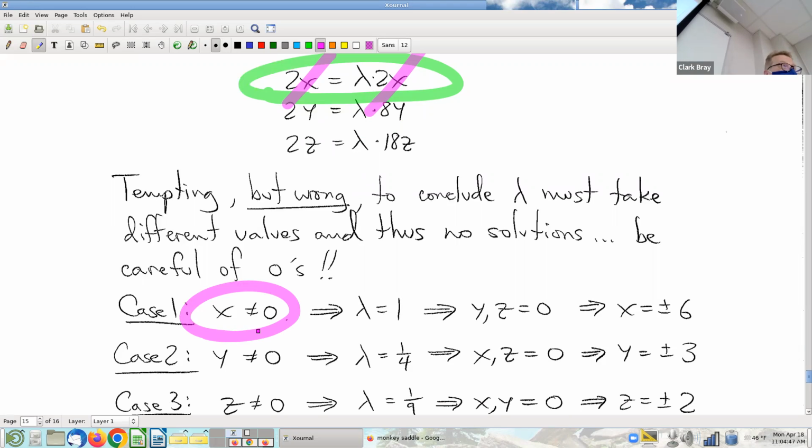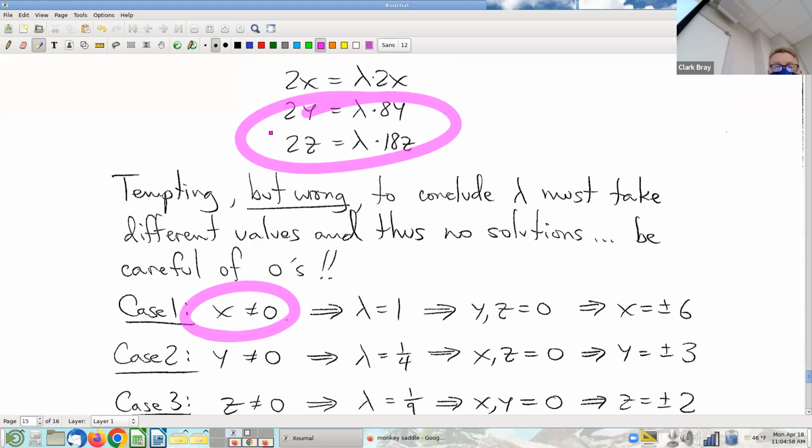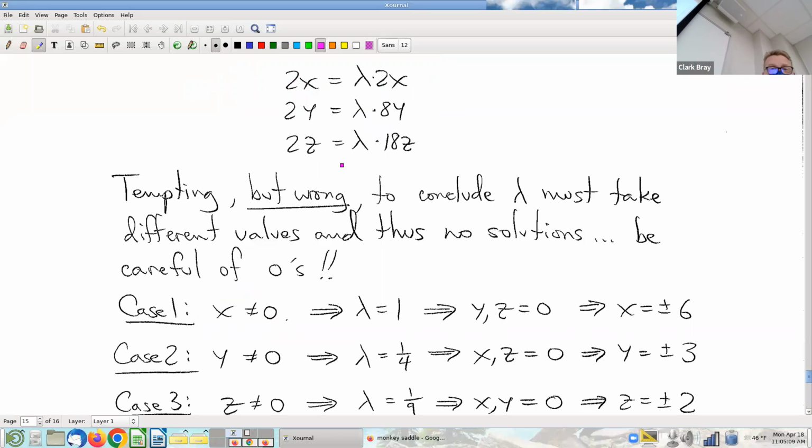It doesn't have to be. x could totally be 0. Right? So that's the thing. If y and z were both 0, for example, then sure, lambda could be whatever. There is no contradiction here. Right? So be very, very careful with your fast and loose algebra.